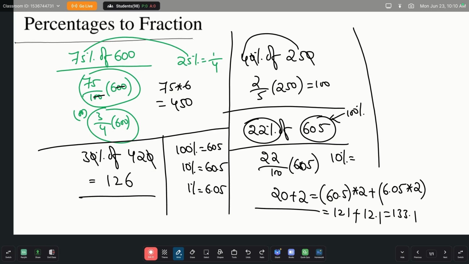So in this way we can find out 10 percentage to fractions. We can find out any question, 10% of some value, 20%, 30%, in an easy manner.